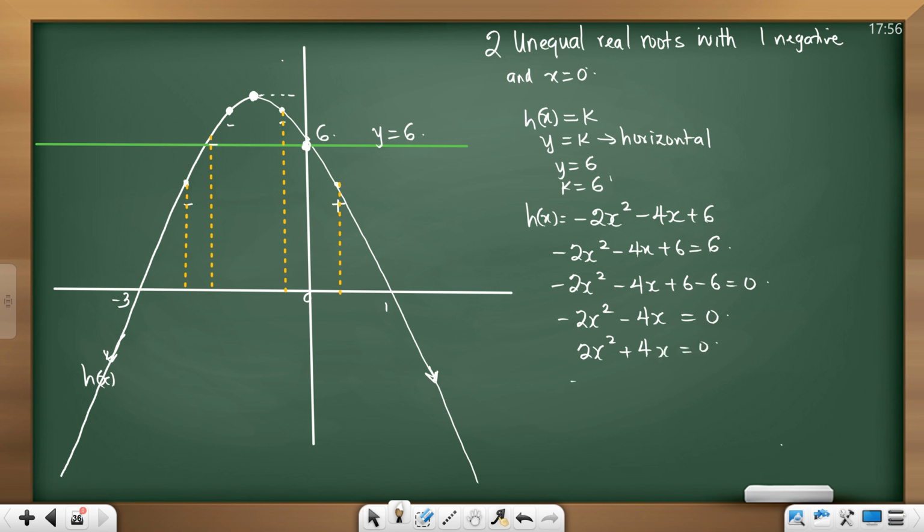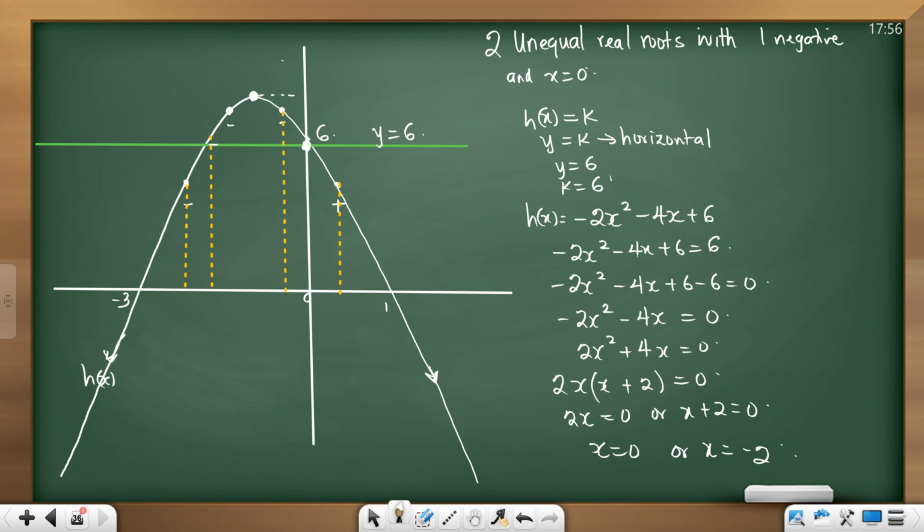What is common? x is common, or 2x. 2x times x plus 2. So either 2x equals to 0 or x plus 2 equals 0. So x equals to 0 or x equals negative 2. Do you see it? Everything is going back to my first statement: two unequal roots, one negative and the other x equals to 0. All by just moving that line up and down.